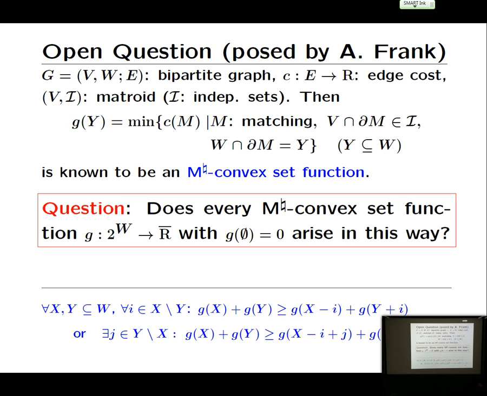This is just a matroid structure. And then the induced function is M natural convex, as a special case of my previous theorem. Then Andreas Frank asked me already 10 years ago, maybe 8 years ago, whether this construction exhausts all the possible M natural convex functions.